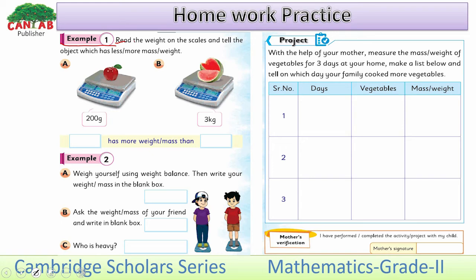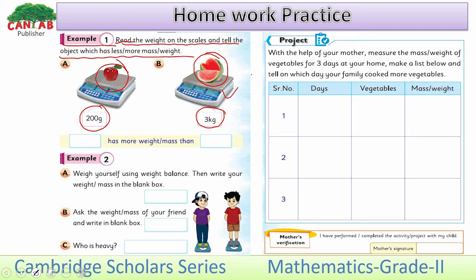Read the statement of example 1. Read the weight on the scale and tell the object which has less or more mass or weight. This watermelon is about 3 kg and this apple is about 200 grams. So gram is a small unit, but the kilogram is the large unit.